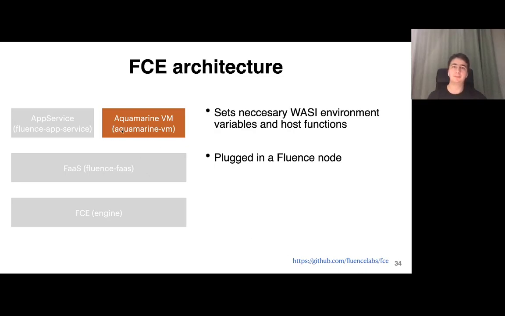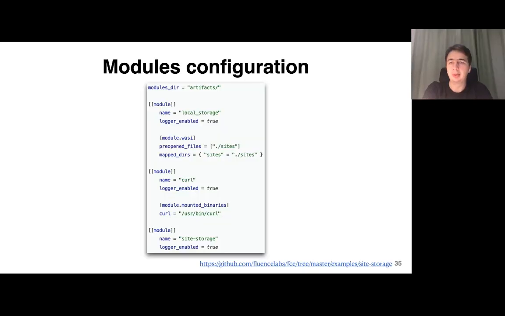On the slide, you can see an example of the service configuration. A service configuration consists of modules; here you can see three modules. For a module, you can configure, of course, the name. This option configures the maximum memory that can be used inside FCE for such a module. And for each module, the WASI state can also be configured.